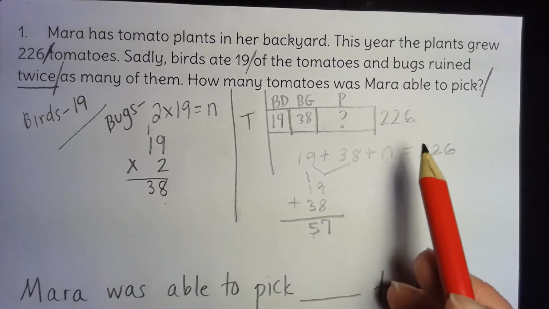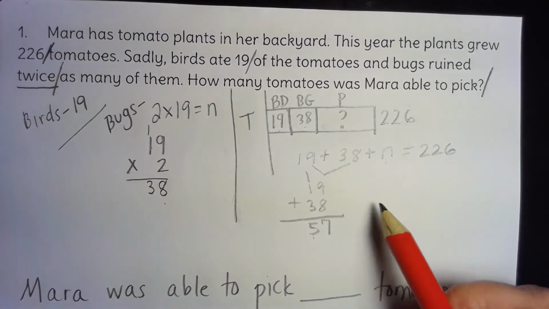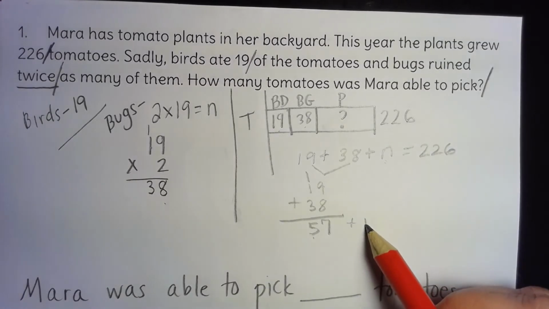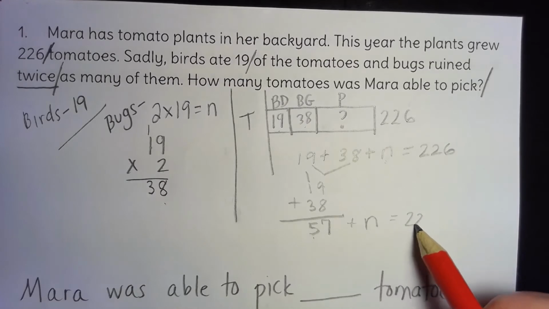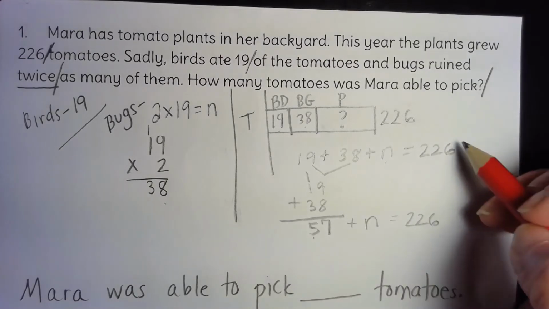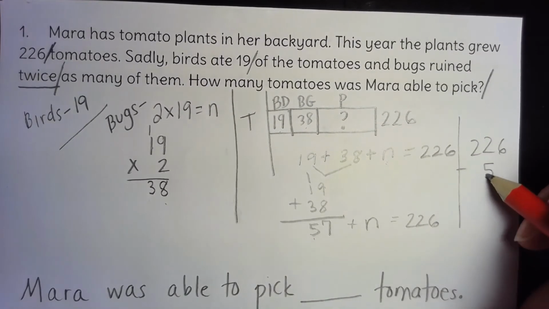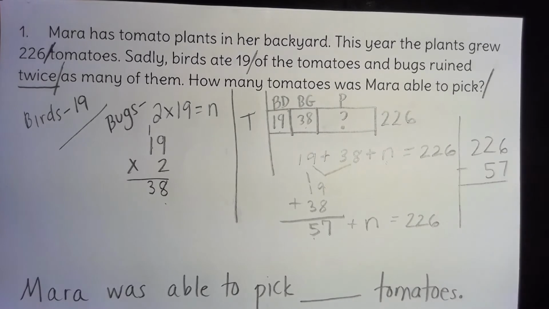So we know that the birds and the bugs together took up 57 tomatoes. So now we know that 57 plus the number she picked is the 226. So to figure out how many she picked, we're going to do 226 minus 57.